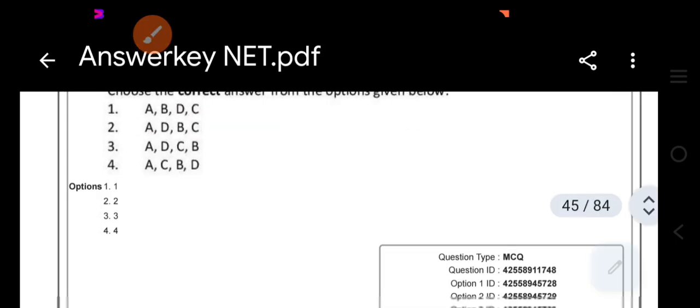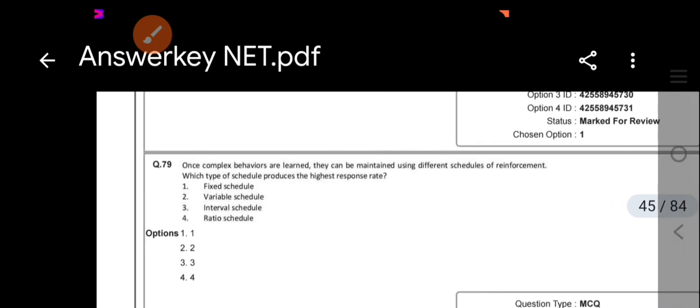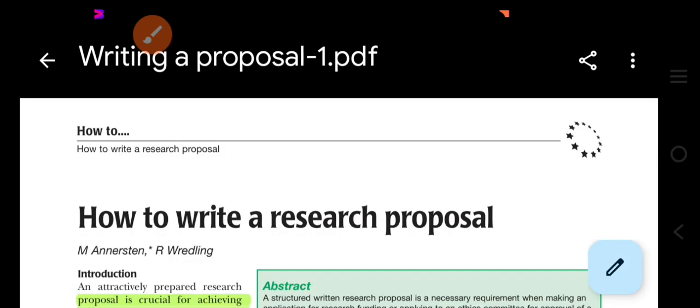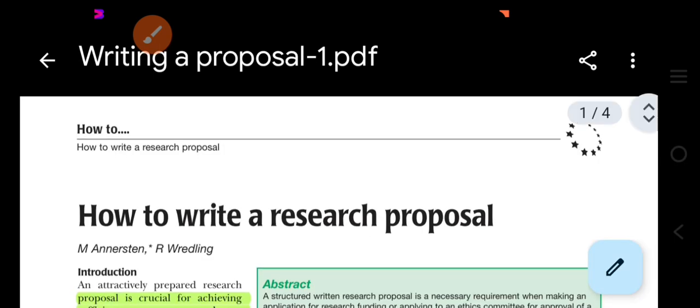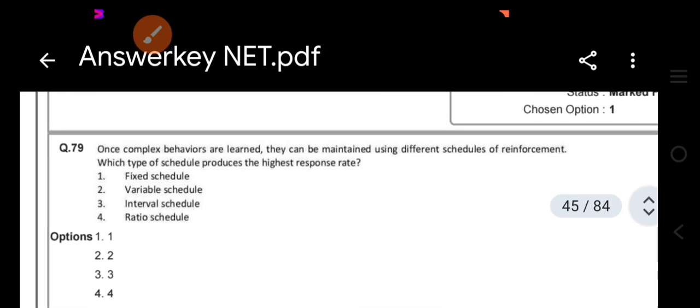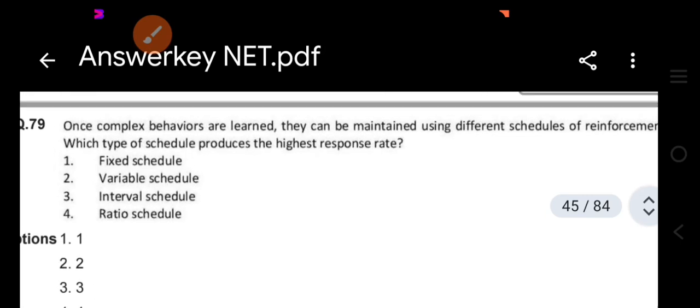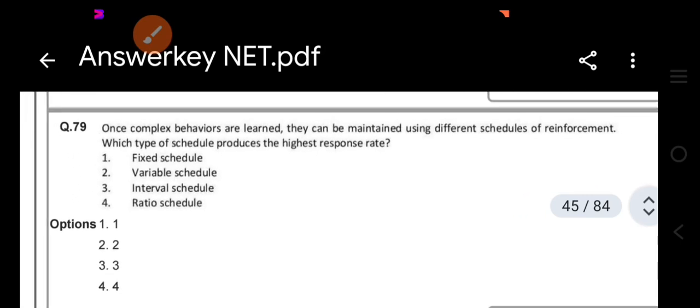So we are moving into the next question. Once complex behaviors are learned, they can be maintained using different schedules of reinforcement. Which type of schedule produces the highest response rate?